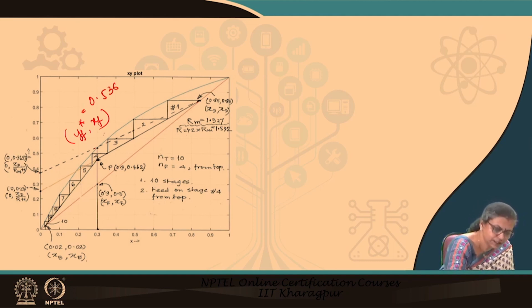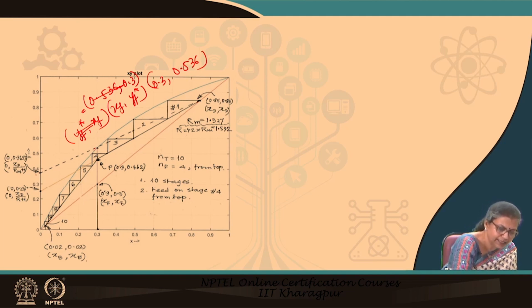So, this particular point corresponds to, sorry, I have written it in a different way, it should be written as XF, YF star, which will be 0.3, 0.536. So, this point we know, this point we know, we can extend it.